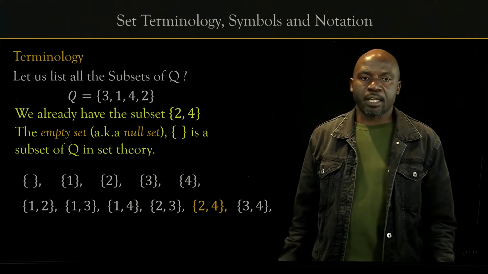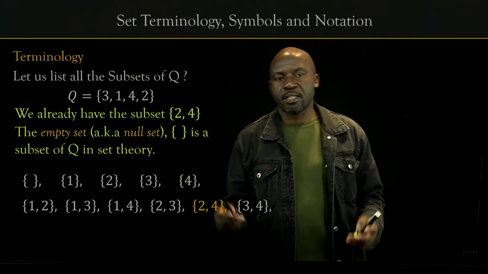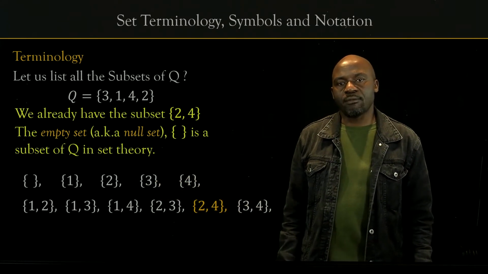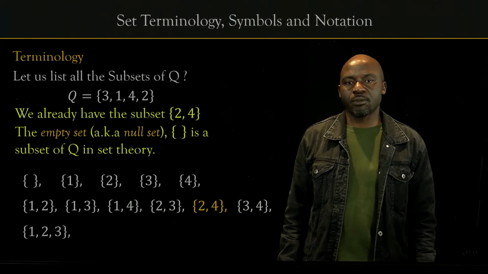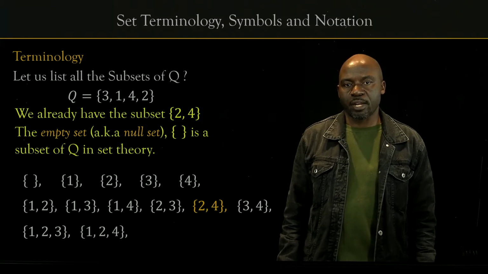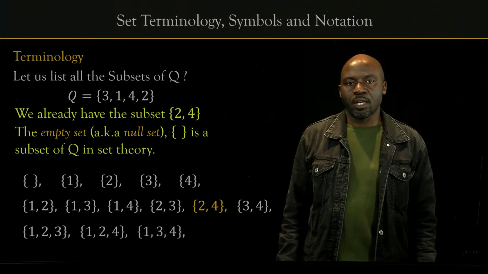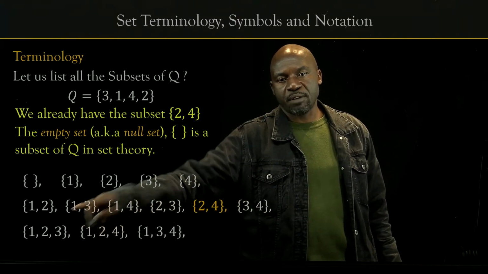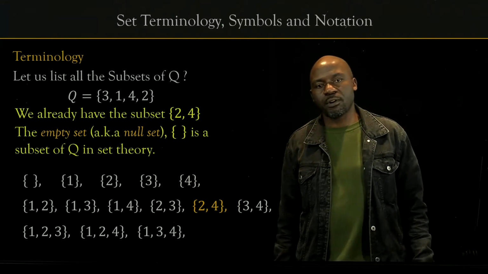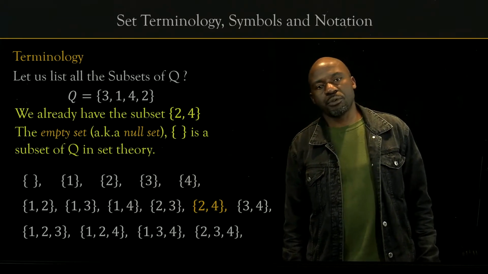We can now take elements in groups of 3, and we have one containing 1, 2, and 3. We can have a subset containing 1, 2, and 4, and we can have a subset containing 1, 3, and 4. And then of course we can have 2, 3, and 4.